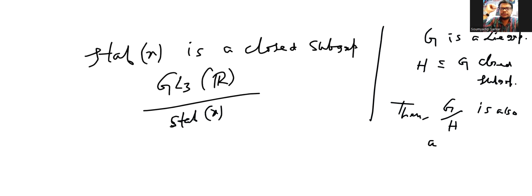The subgroup H is not necessarily normal, so when I write G mod H, I mean the space of all left cosets of H. That is a smooth manifold.